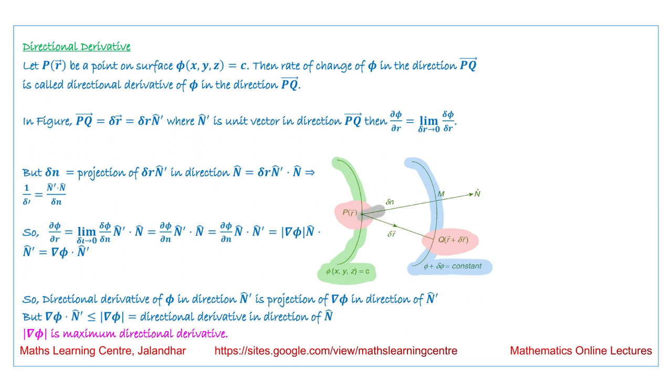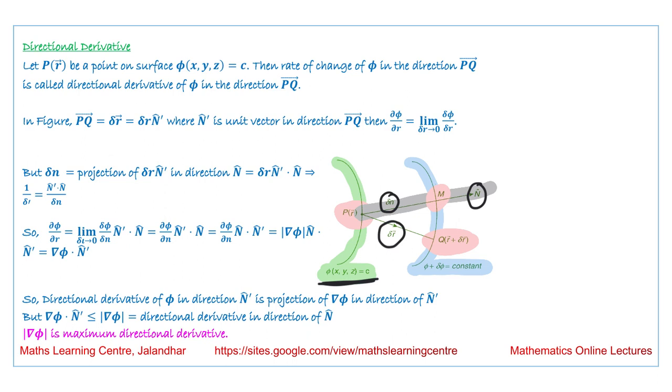We have drawn the normal from P, and the point where it intersects we are naming as N. These are the same as we discussed in our previous slide. This value is delta n, this value is delta r vector. This is the direction of the normal at the point P on the level surface phi is equal to c.